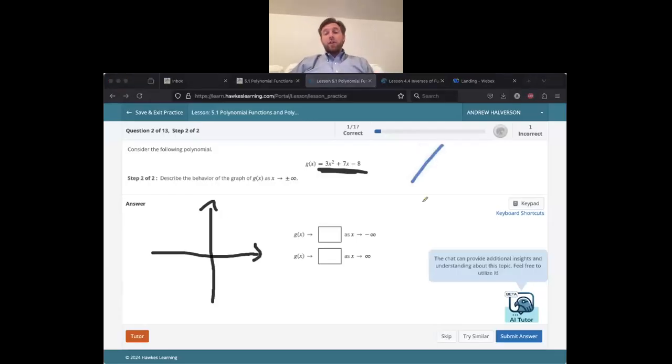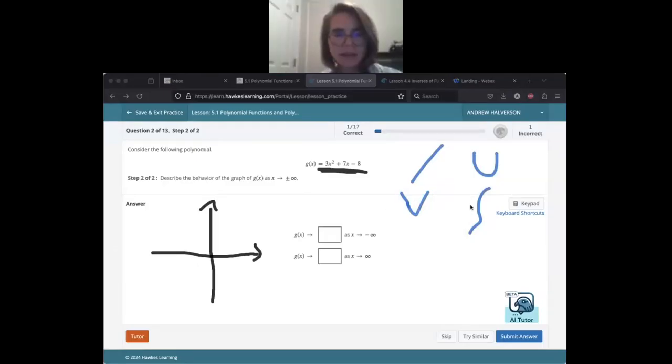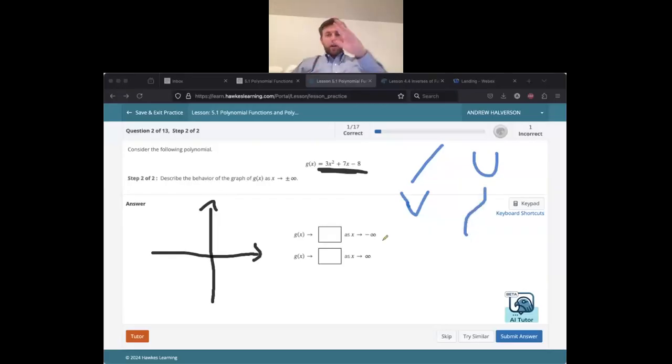That's what you should have in your catalog. Is it a U because of the x squared? Yes. That's the thing you want to have in mind. Straight line, V, U, S. Those are the basic base functions. So this is a U.